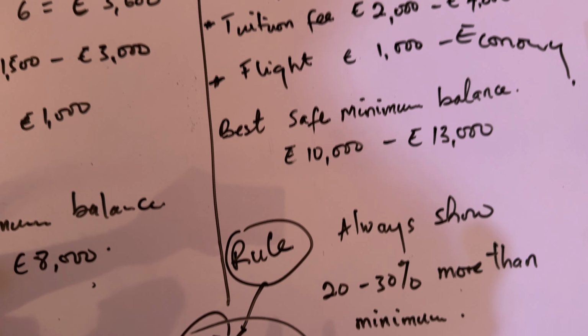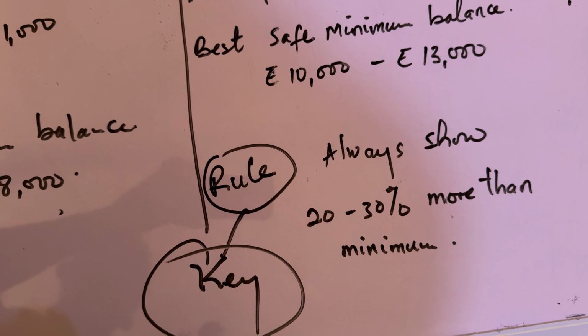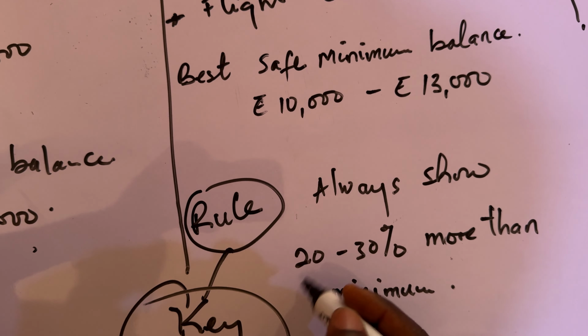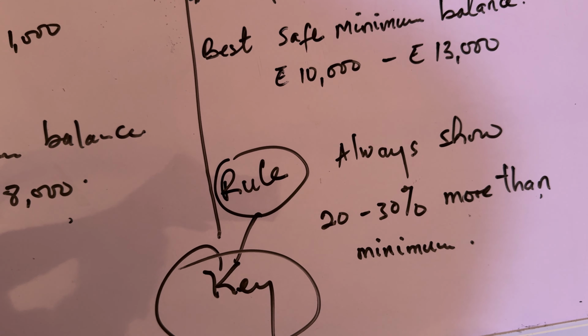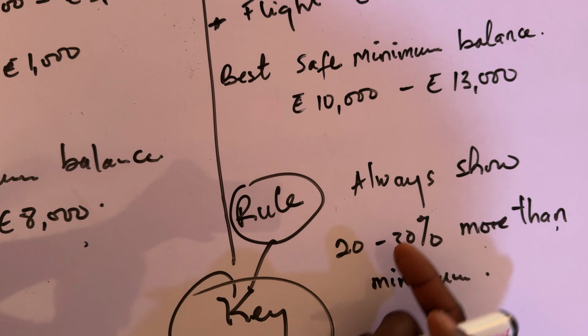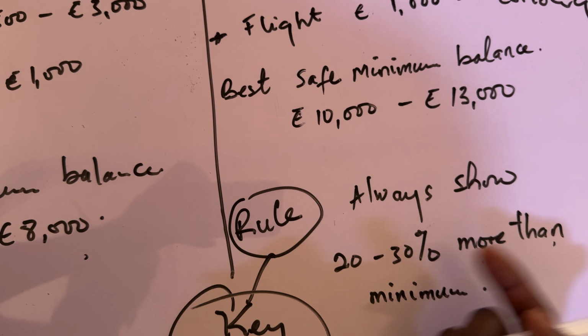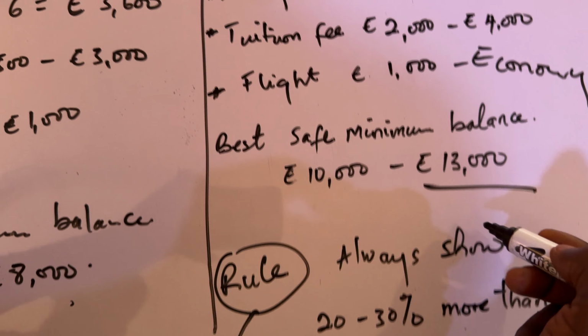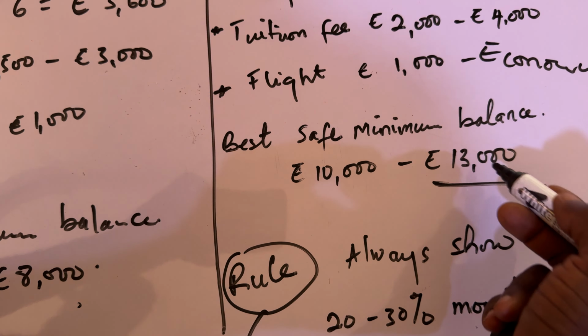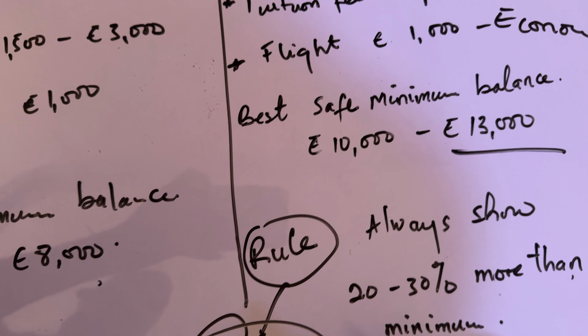Now let's see the rule that I'm talking about. Always show 20 to 30% more than the minimum balance. Is that okay? If this is the minimum, calculate 20% or 30% of it and add it, if you don't know how to calculate this.